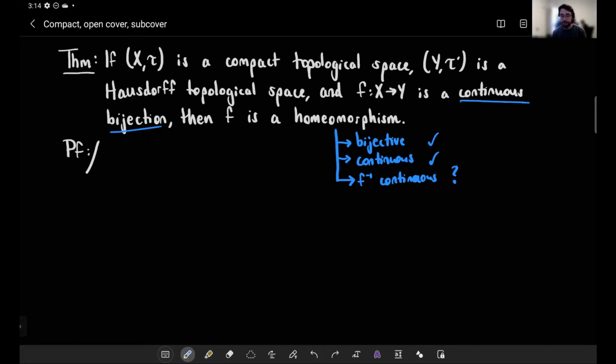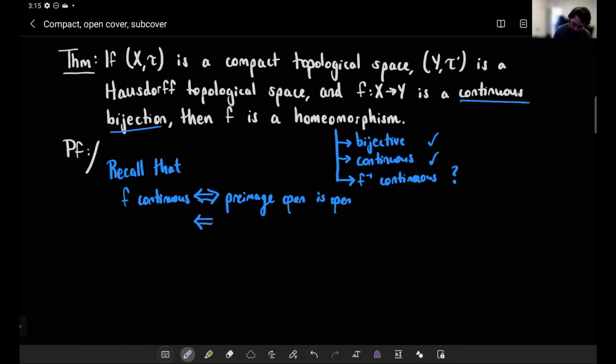It's really slick, actually. It's slick because we can use the 3 proofs we just laid down previously. And so first I'm going to say one thing. Recall that f being continuous is the exact same as saying the preimage of every open set is open.